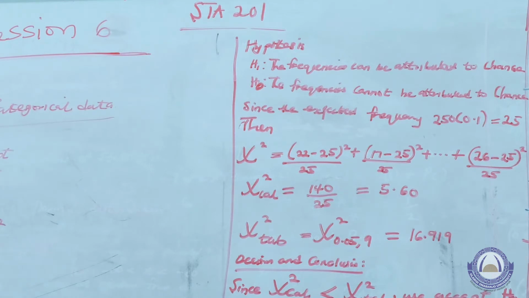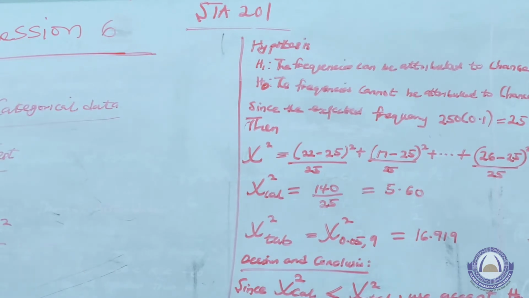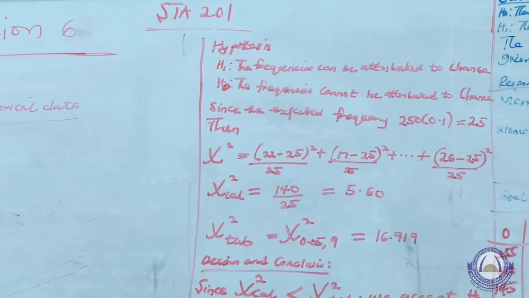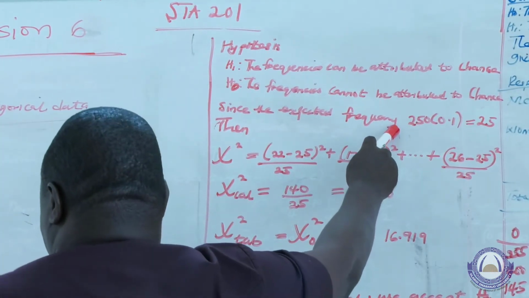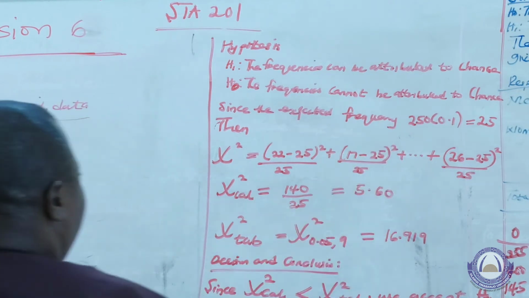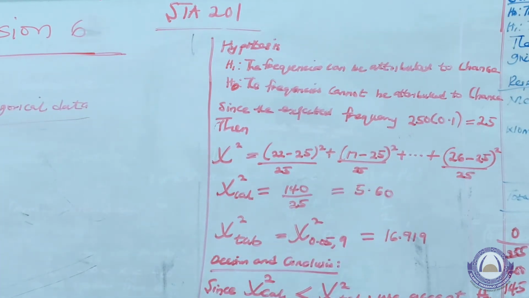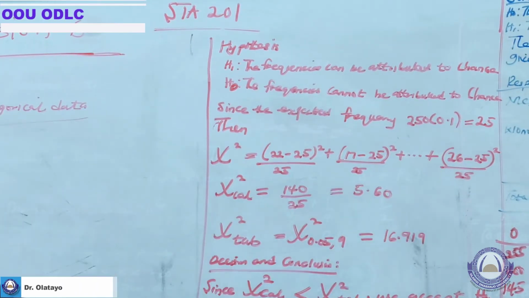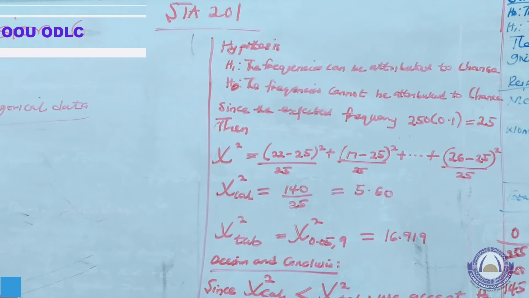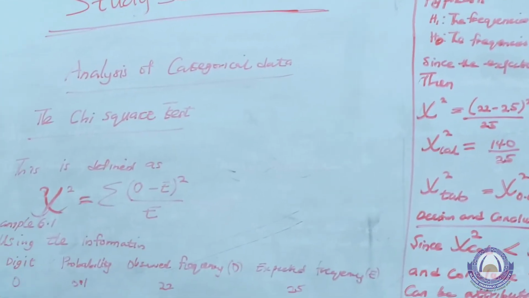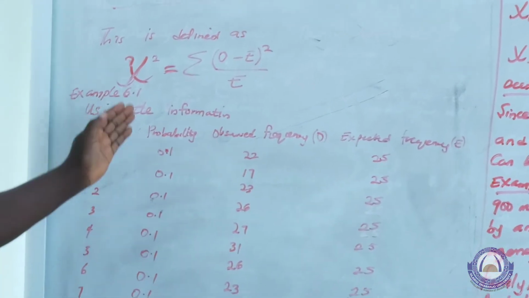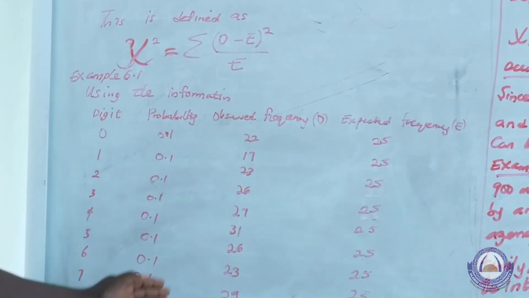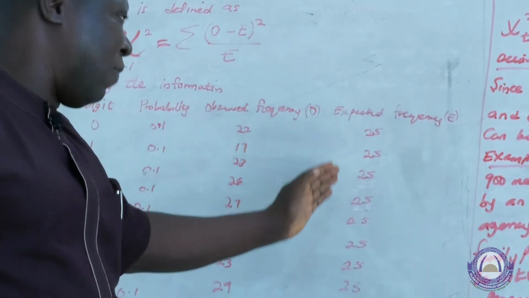Since the total observed frequency is 250 and the probability is 0.1, to get the expected frequency we multiply 250 by 0.1, and we get 25. Therefore, our expected frequency will be 25 all through, since the same probability produces each observed frequency.